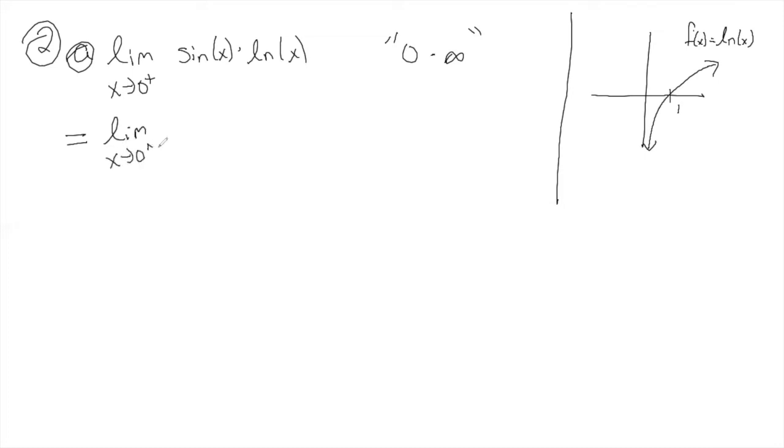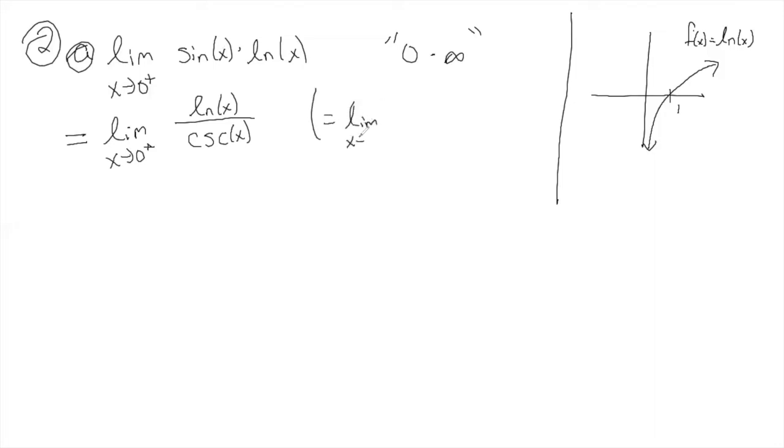So for this, we use the standard trick. And in this case, it turns out that leaving ln of x on the top is the easier way to do this. I don't really have a great explanation for it other than it just is. But maybe one way to see it is that I can write 1 over sine.